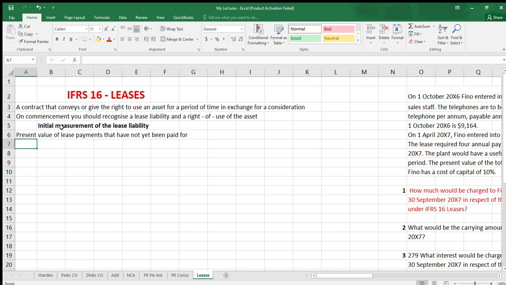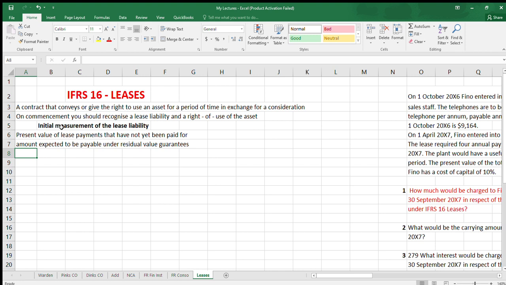The next thing you need to recognize in initial recognition is the amount expected to be payable under residual value guarantees. That's all.